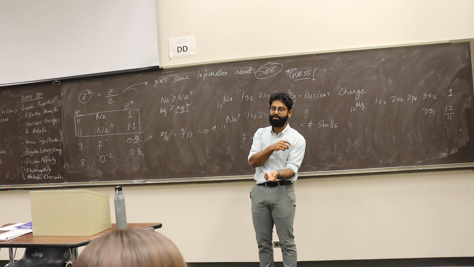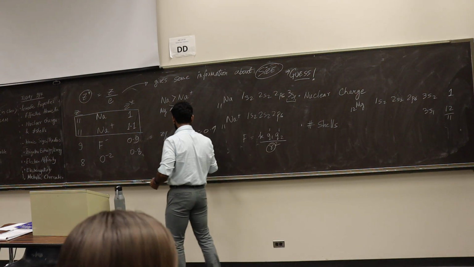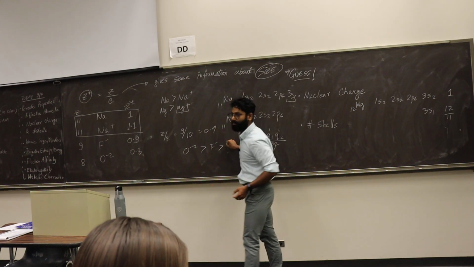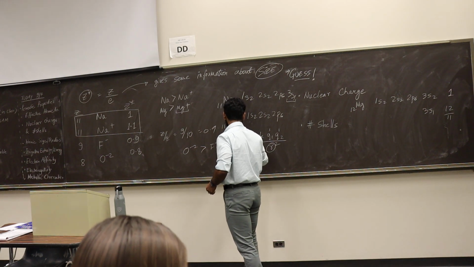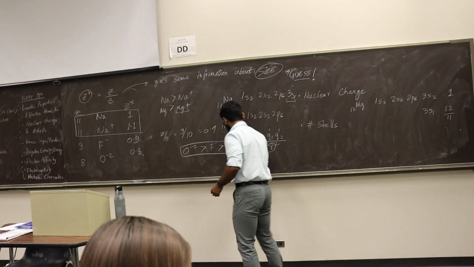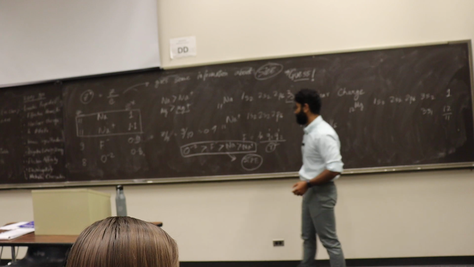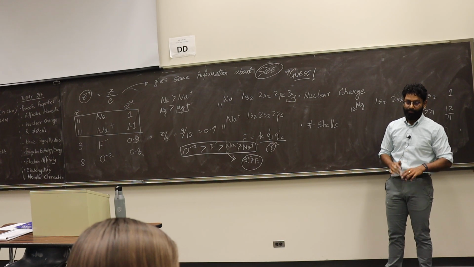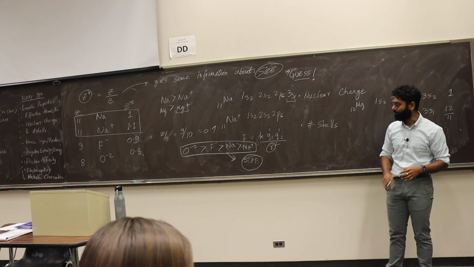Which has the smallest Z star? F minus, then Na, and then Na plus. This is size order. Not a very difficult concept, but an important one. Okay?